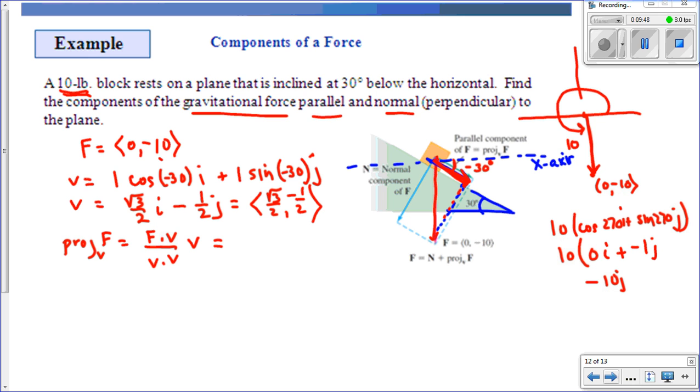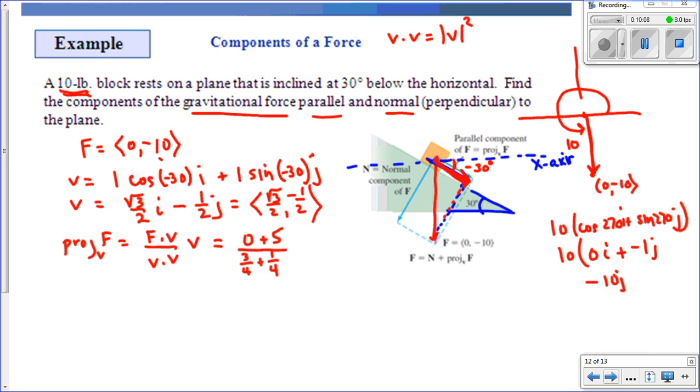F dot v will be 0 plus 5. V dot v will be 3/4 plus 1/4, which is just 1. Now remember, v dot v is the same thing as the magnitude of v squared.